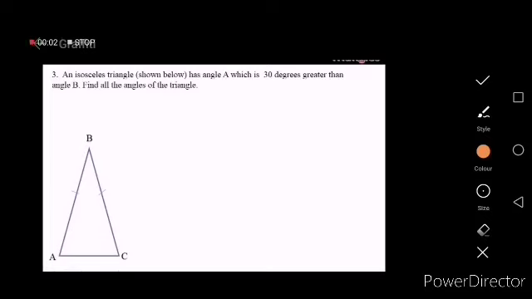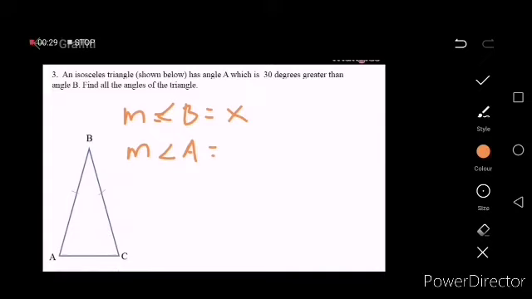In number 3, an isosceles triangle has angle A, which is 30 degrees greater than angle B. We need to find the measures of the three angles. Now, suppose that the measure of angle B is x. Then, the measure of angle A is equal to what?